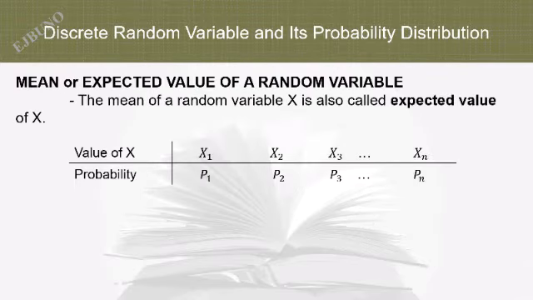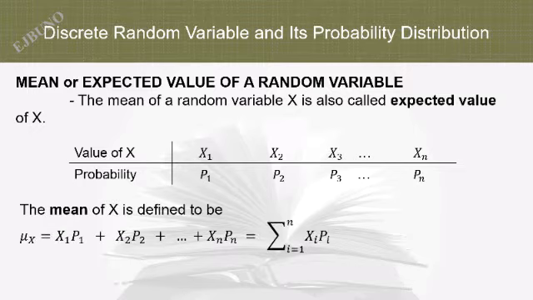Mean or expected value of a random variable. The mean of a random variable x is also called expected value of x. Value of x is x sub 1, x sub 2, x sub 3, and so on, x sub n. And the probability is p sub 1, p sub 2, p sub 3, and so on, p sub n.